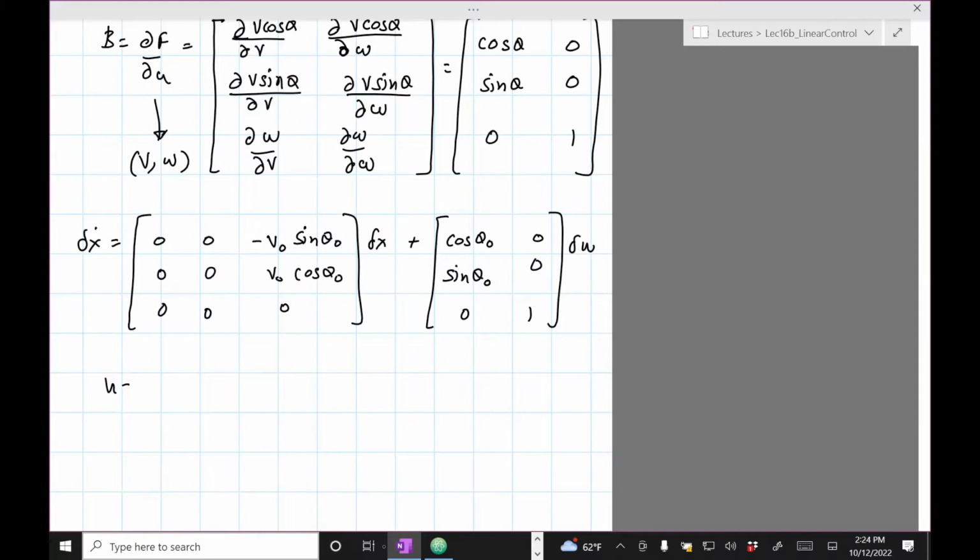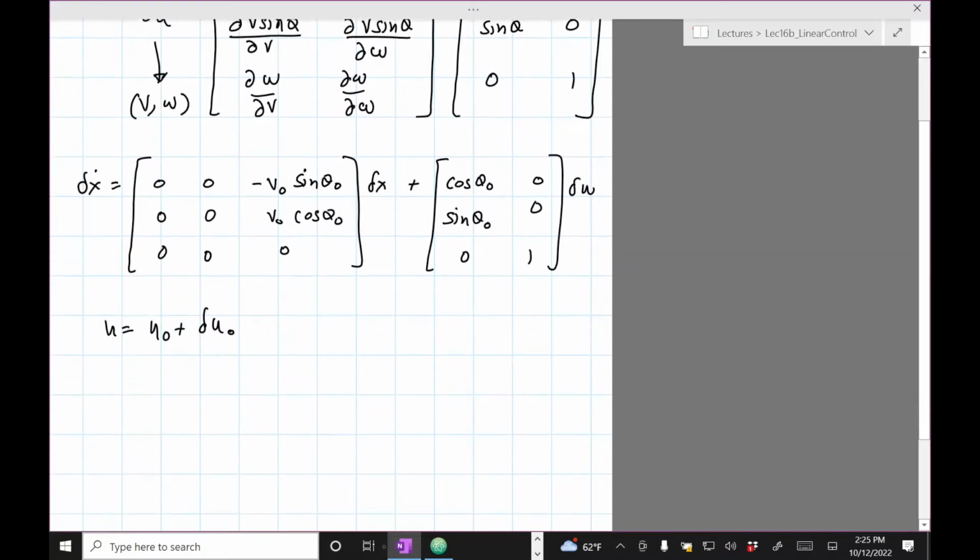Remember that this is about an operating point, x0, u0, which I just put in as zeros. So note again the control: once you have Ax plus Bu, you can compute delta x using linear quadratic regulator or pole placement, but your control should be u0 plus delta u.